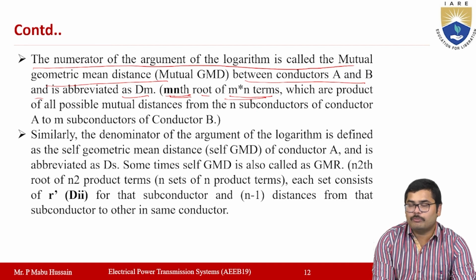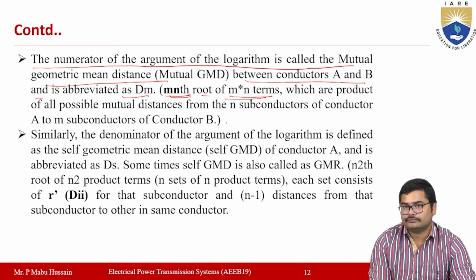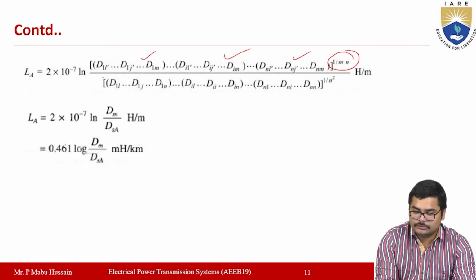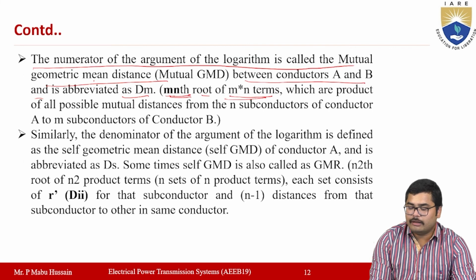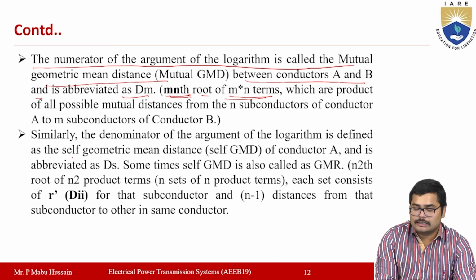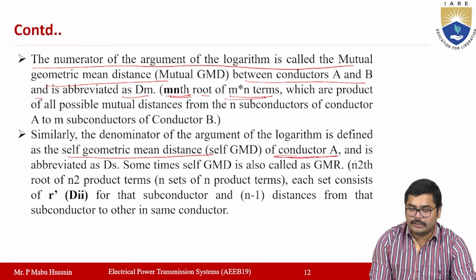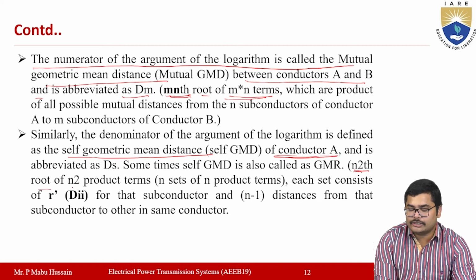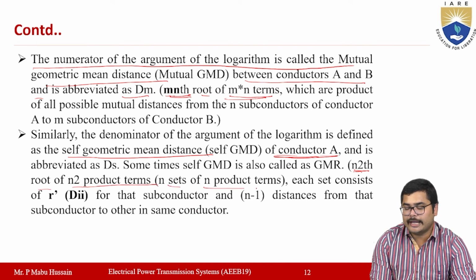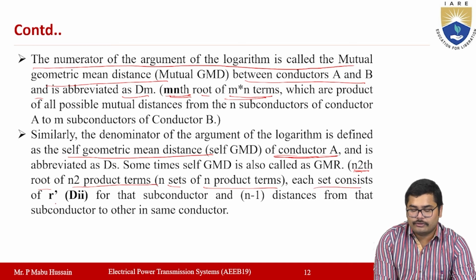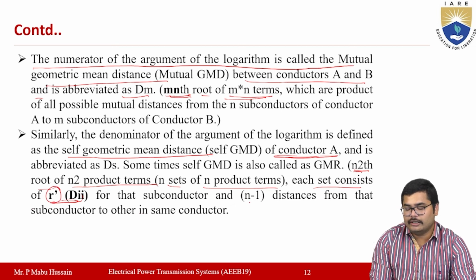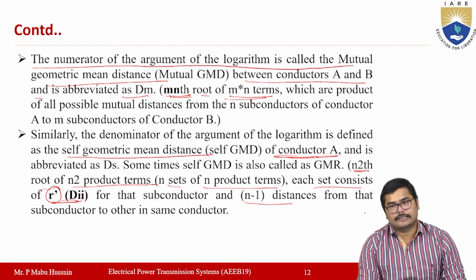These are the product of all possible mutual distances from the n subconductors of conductor A to the m subconductors of conductor B. The denominator represents the self geometric mean distance of conductor A, which is the n-squared root of n-squared product terms, that is, n sets of n product terms, each set consisting of the term dii, which you can write as r dash for that particular subconductor, and then the n minus 1 distances from the other subconductors in the same conductor.